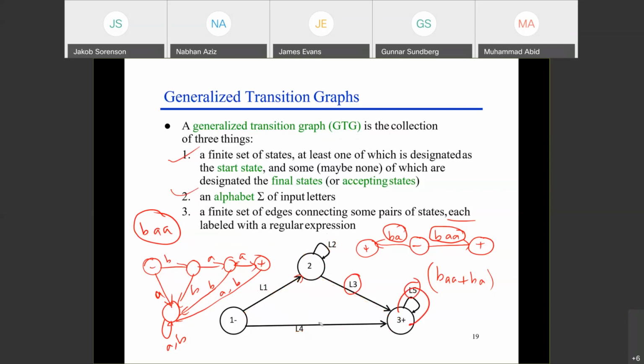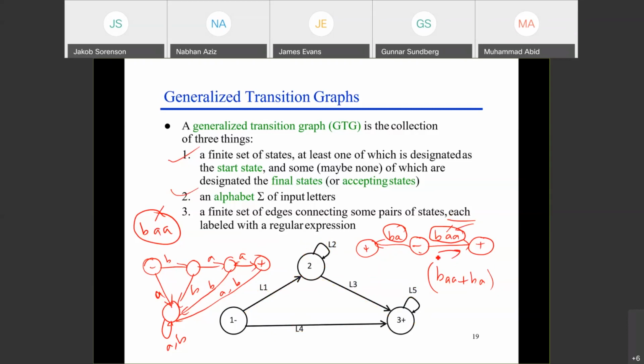So TG is very powerful. It may represent more than one language in one diagram, and each language will be represented by one edge, because the label can be a word, like BAA, which is the only language here, and look, I pass BAA just as a label here. That's it.